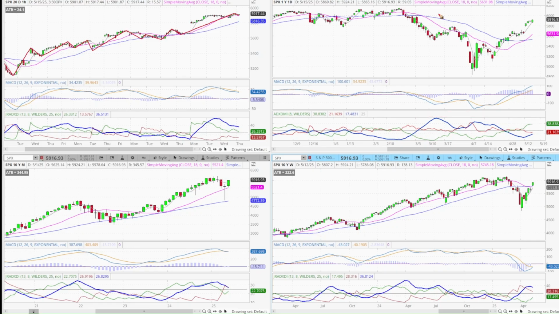So I would say the bias is still to the downside based on this indicator, even though from a short-term standpoint, we've seen signs of improvement. What that short-term sign tells me is that we're probably not going straight down. I hope all this is making sense to everybody. So what we should expect to look for, if we're going to top out here, it's going to take a little bit of work. We're not going to just go straight down based on what's taking place here and what's taking place here. Now, we can also see that when we look at the hourly chart.